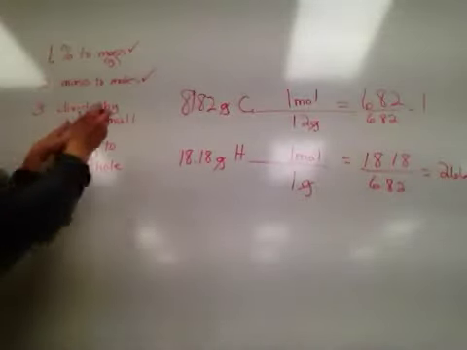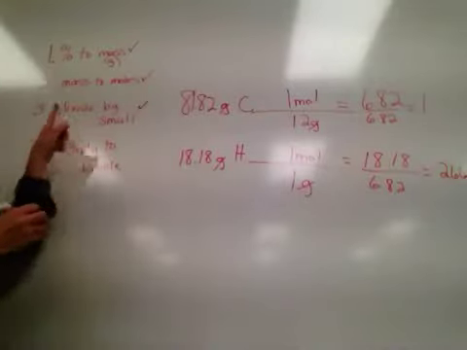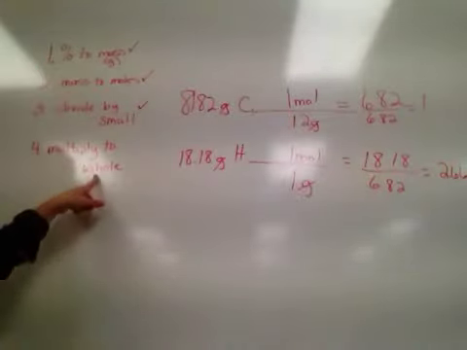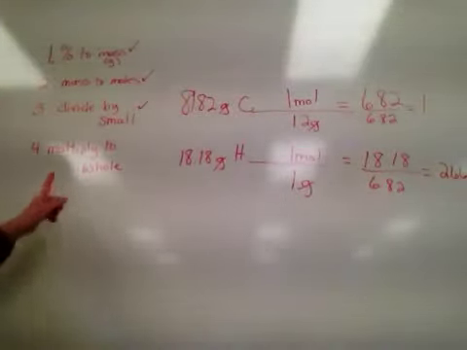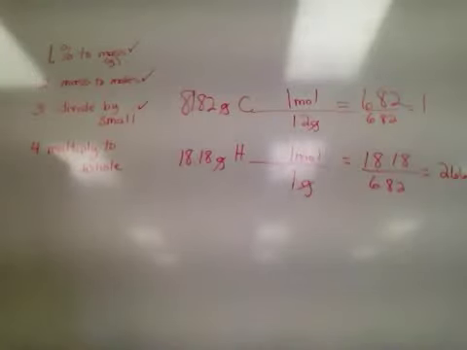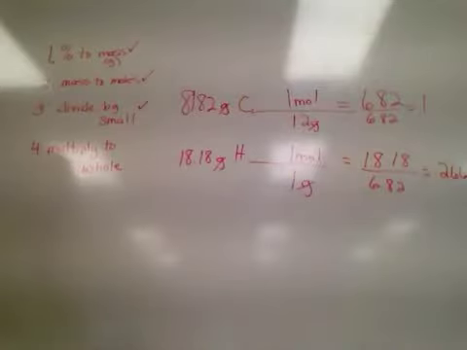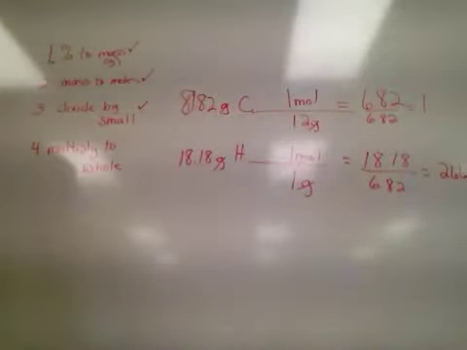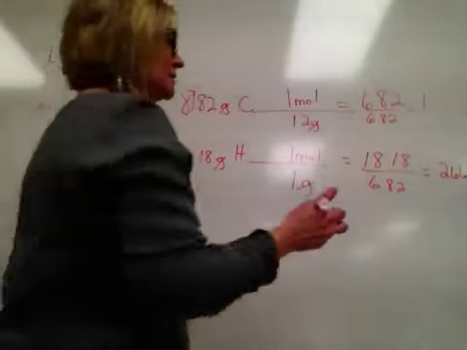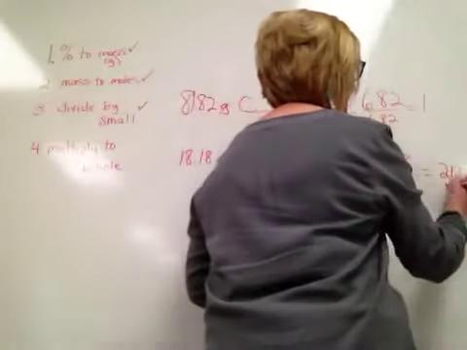So divide by small, I did that. Now I have 1, which is a whole number. But I have 2.66 that is not a whole number. So what do I have to multiply by? I basically have 2 2/3. So take 2.66 times 3. 7.98, which would round to 8.